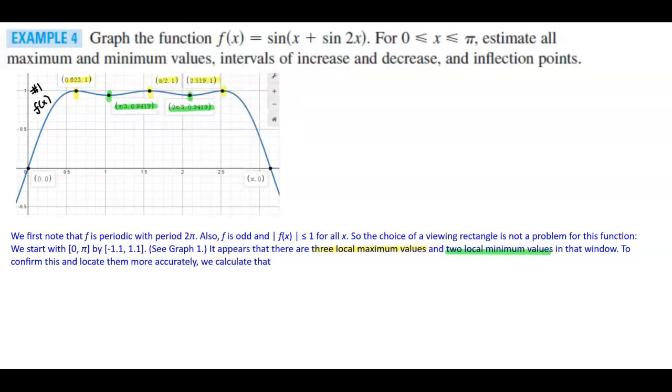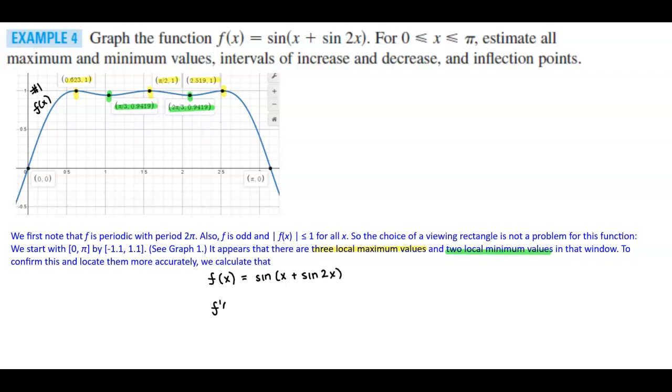Okay, now to confirm this and locate them more accurately, we want to be able to calculate the first derivative. So we have f of x, which is equal to the sine of x plus the sine of 2x.